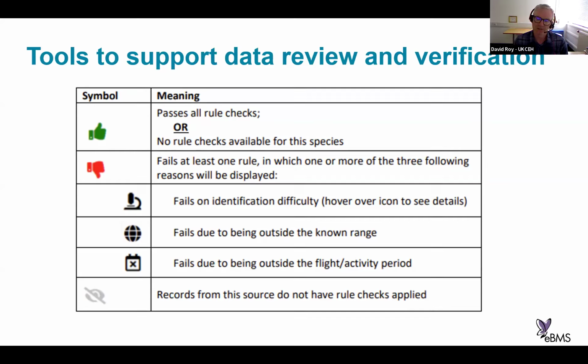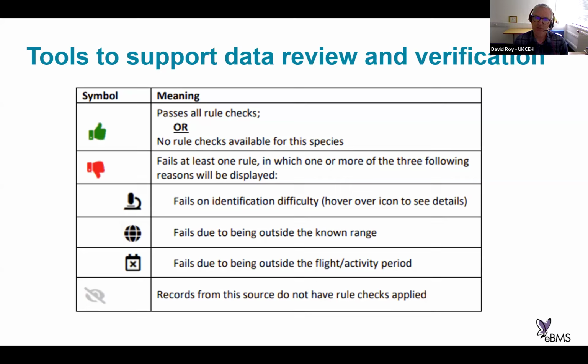But it's quite useful to flag these up as they come into the system, because you might want to check them in more detail. And then the other main record check, shown by this calendar icon, is assessing records against the broad flight period of species within a geographic region. So if things are being recorded early in the season or late in the season, they get flagged up.